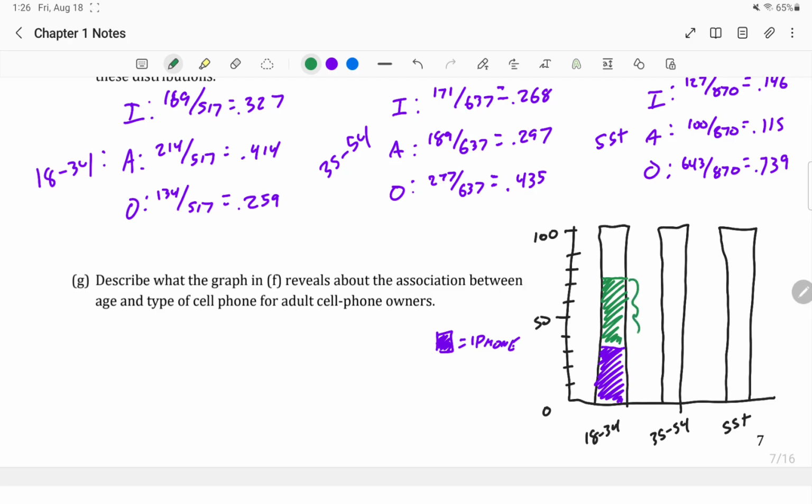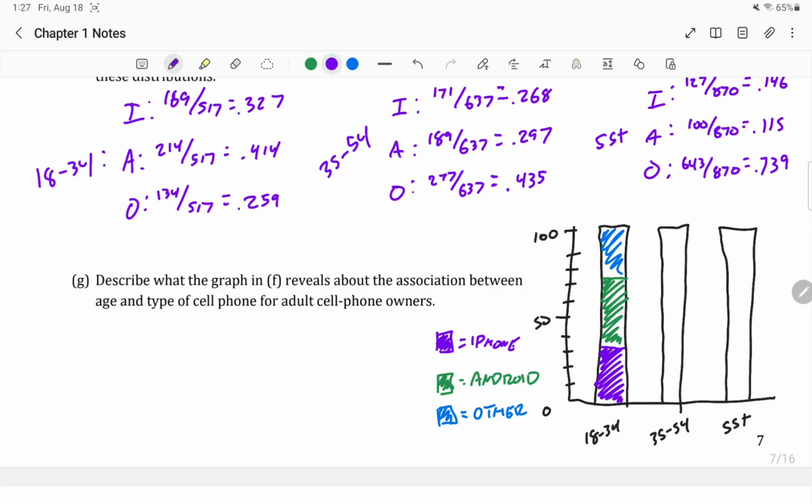So this represents the 41.4%, right? So green is Android, right? And then the remaining should be other. So if I shade that in, this is other, right? So there you go.